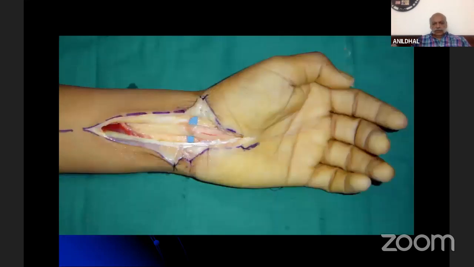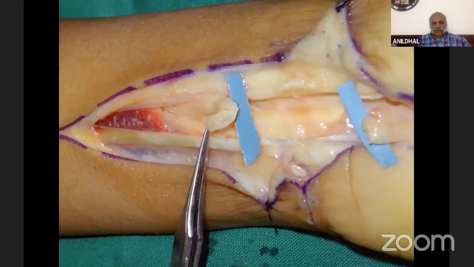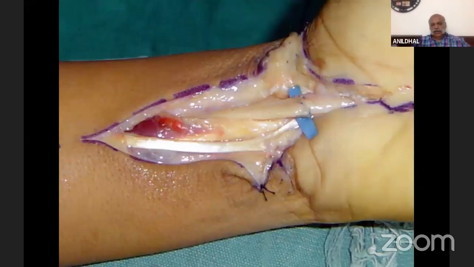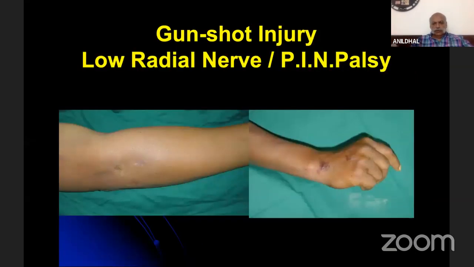The injury was detected, and there was a fibrous tissue formation between the proximal and the distal ends. The ends were freshened, and funicular appearance was first identified, and only then an epineurial end-to-end suturing was performed with the wrist in flexion. And this patient had a good functional recovery in due course of time.